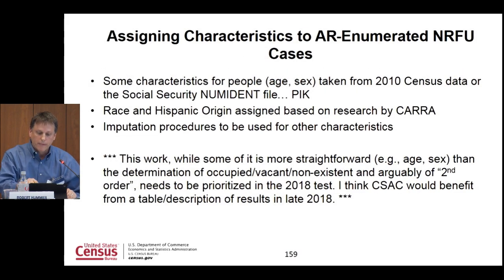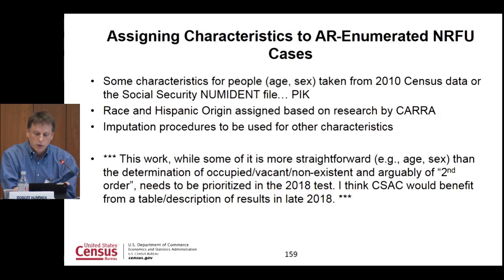Okay, and then in assigning characteristics, some characteristics are pretty straightforward from the Numident file. But there was less work so far done on how some of the other characteristics were going to be enumerated for these administrative records cases.